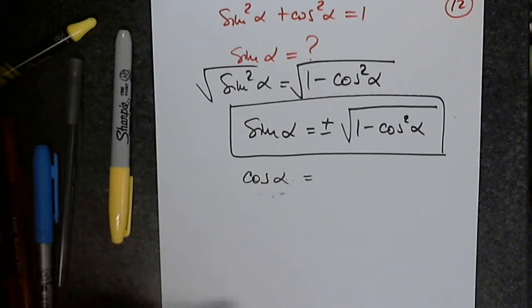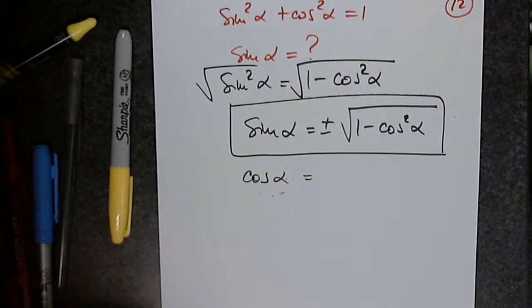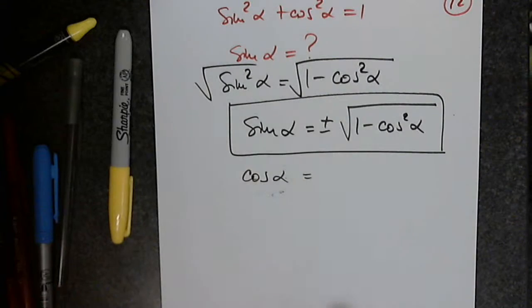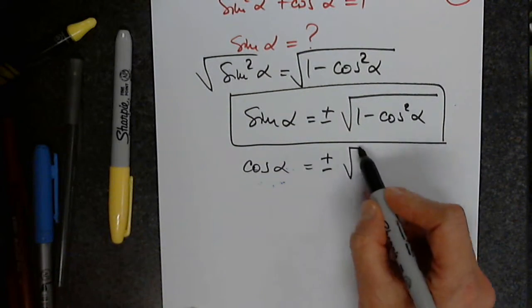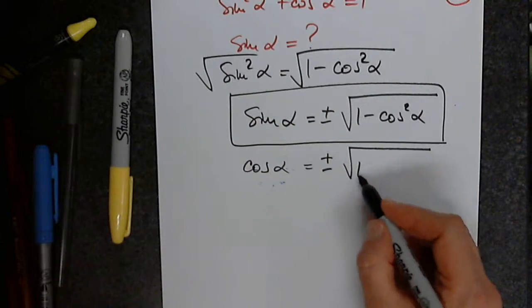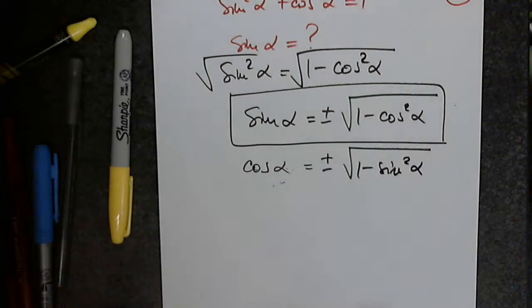Let's say now I want to find cosine alpha, and I don't want to start from scratch. Is there any way to write cosine alpha from what I have here? Plus or minus, exactly. The square root of 1 minus sine squared alpha.